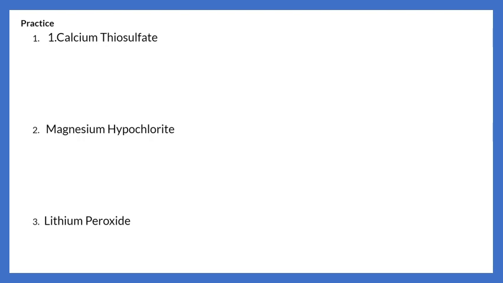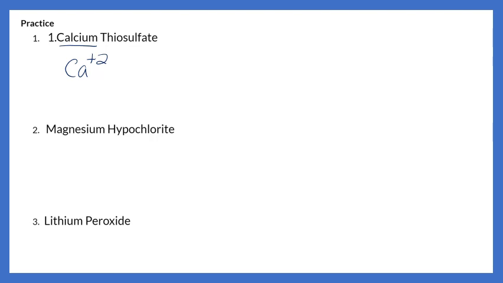All right, let's try the first problem, then you're going to do the next 2 on your own. So calcium thiosulfate. So calcium is our group 1 and 2 metal. So it's Ca +2.